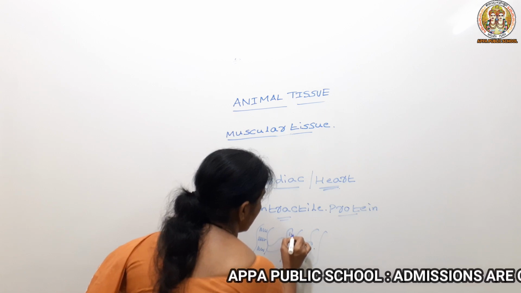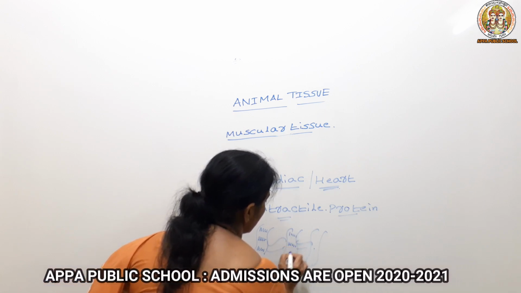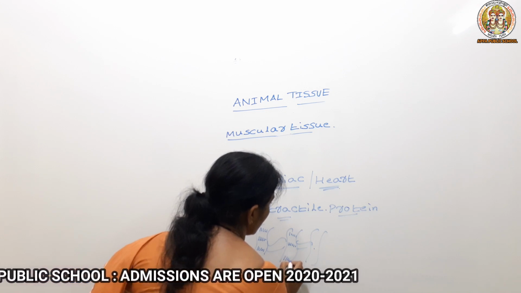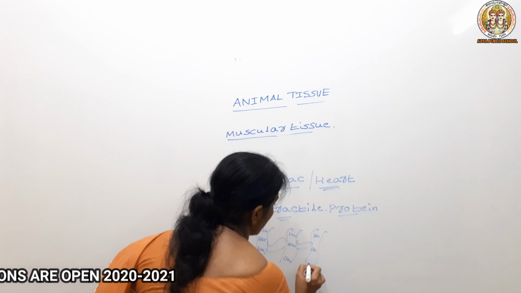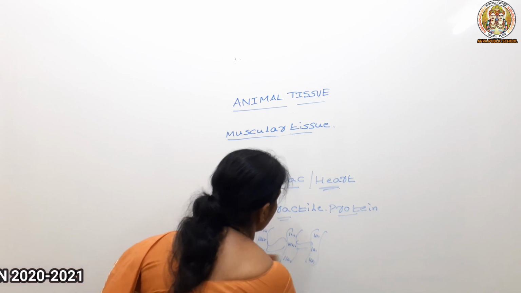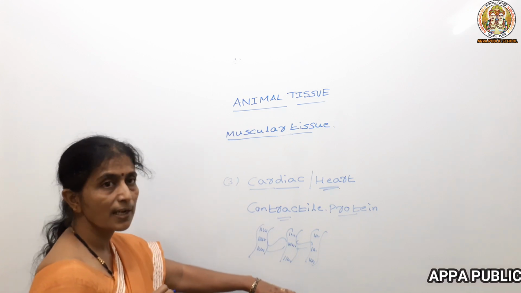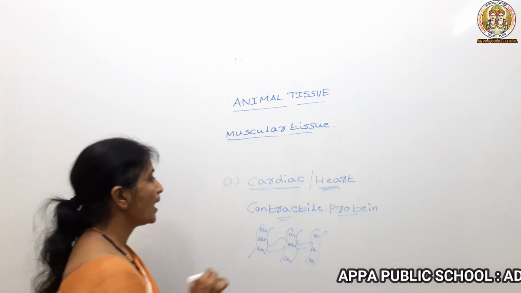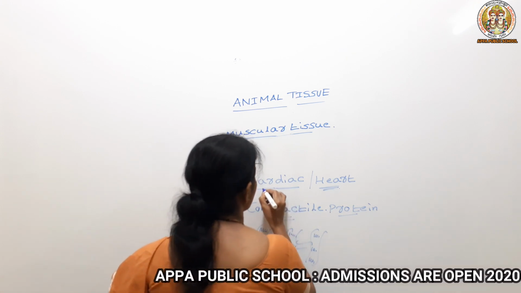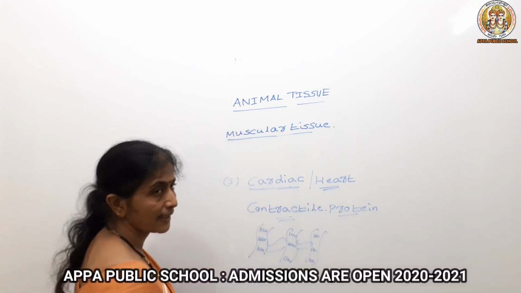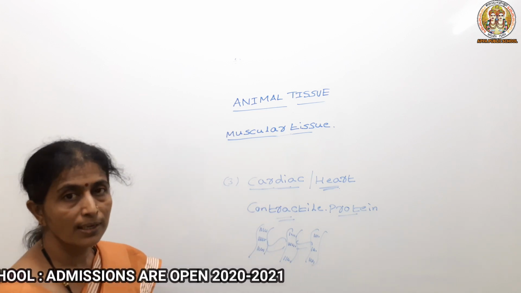That's why the striations can be seen in the striated muscular tissue as well as in the cardiac muscular tissue, but it is absent in the non-striated muscular tissue. It is a branched structure and it consists of contractile protein, and it is present near the blood vessels in the heart region. You can see the cardiac muscular tissue.